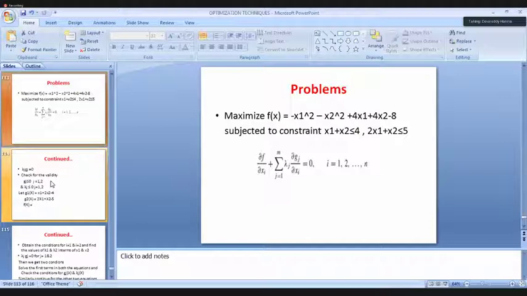That is equation 1. The second equation will be dou f by dou x2 plus summation j equal to 1 to 2 lambda j dou gj by dou x2 equal to 0. Did you get my point?